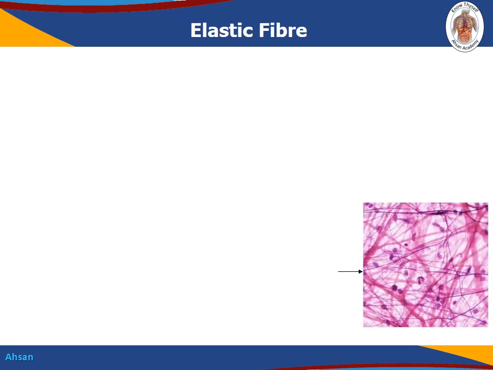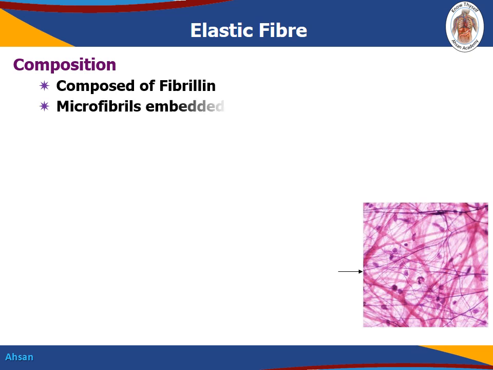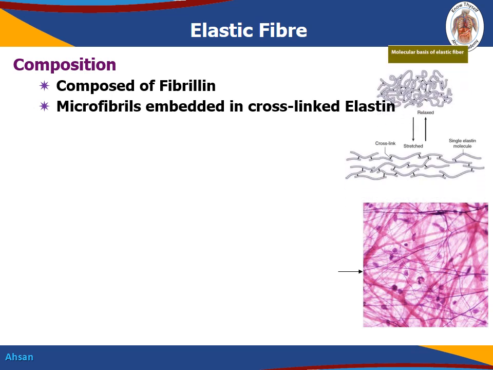Elastic fibers are relatively less in the connective tissue, but they are especially concentrated in some organs which are elastic in nature. These fibers are composed of fibrillin and cross-linked by elastin and have very peculiar structural characteristics as shown in the diagram.